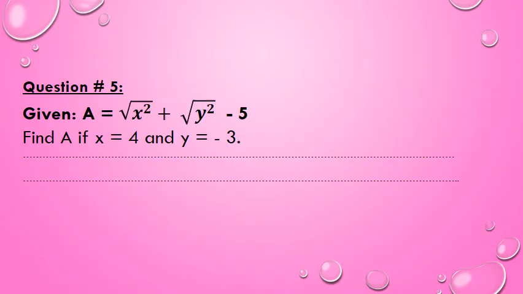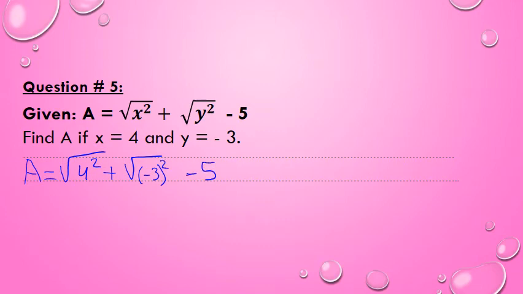Question number 5. We are given an expression A equal radical x squared plus radical y squared minus 5. We should find the value of A if x equals 4 and y equals minus 3. Yes, Selena. How can we find the value of A? A equals radical 4 squared plus radical minus 3 squared, minus 5.